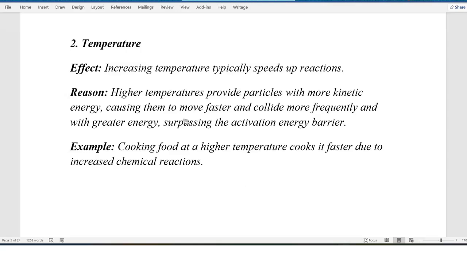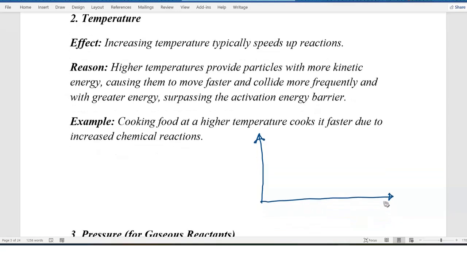Maybe if we take an example, we can draw a graph. You find the probability of particles on this side, that is, the probability of particles with a particular kinetic energy. And here is the kinetic energy of particles. When you have a lower temperature, you'll have such a kind of graph.